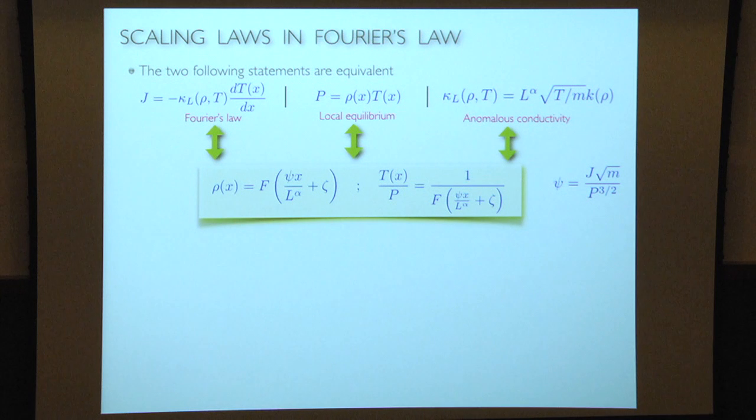Let's assume also that our system tightly obeys macroscopic local equilibrium. With that, I mean that locally, at any point in your non-equilibrium system, the equilibrium equation of state relates density and temperature profiles. This is a strong statement, but it's a macroscopic statement.